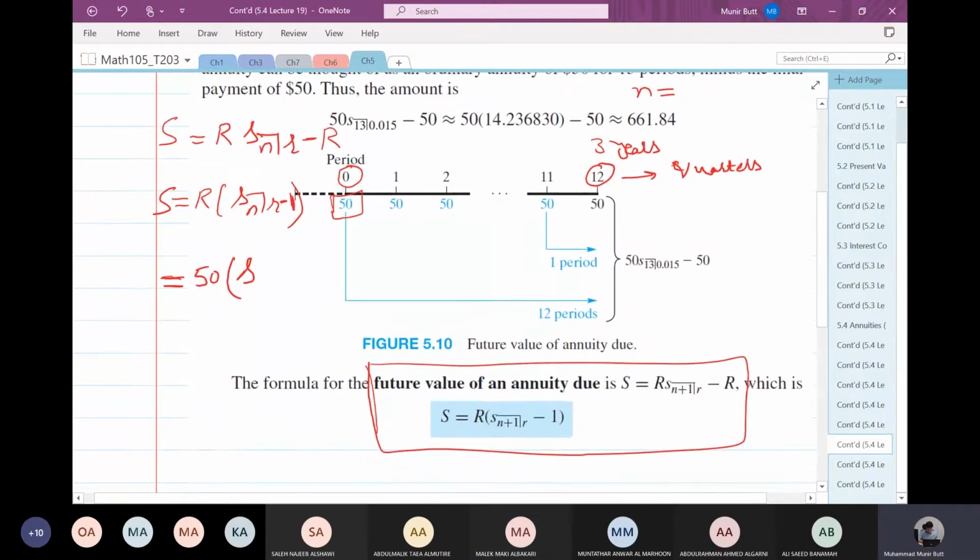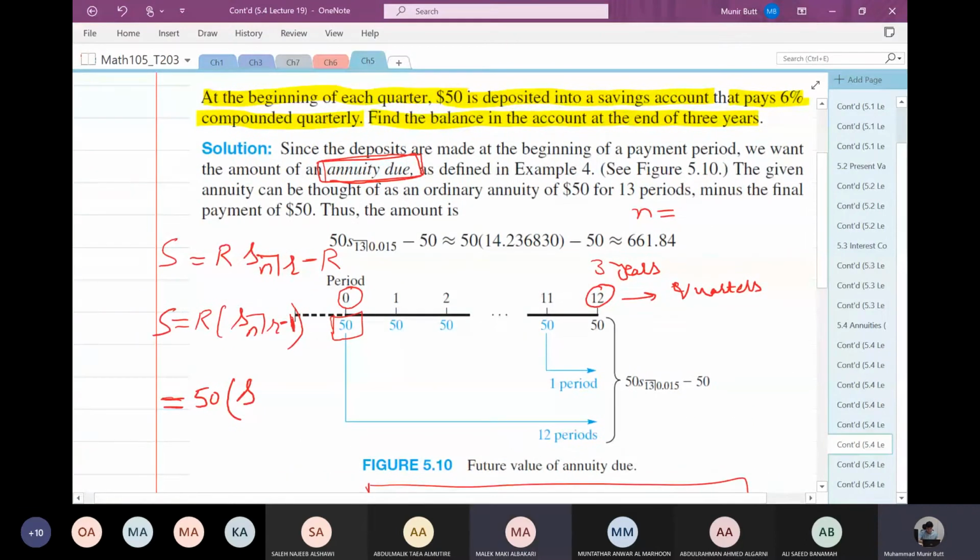But here we have to be careful. We have to use n plus 1 here, because when we use this due thing, we have n plus 1 periods.